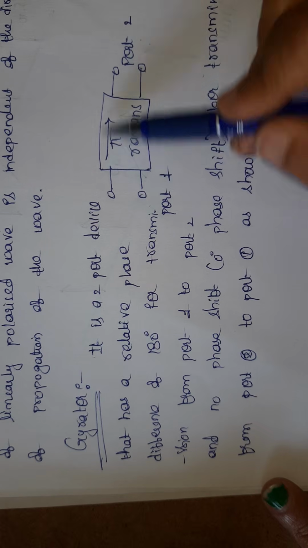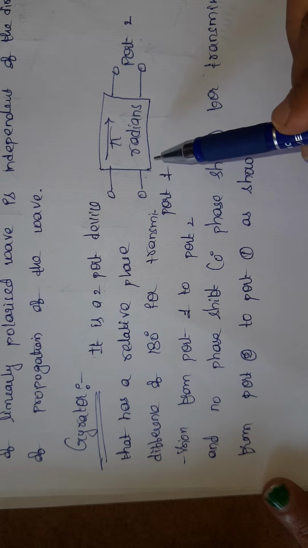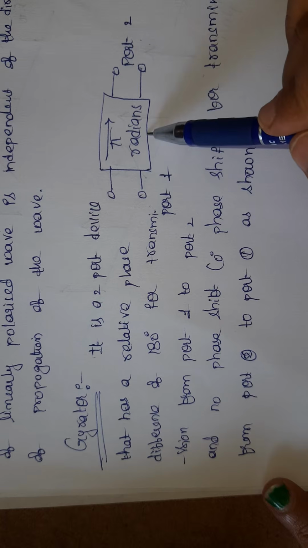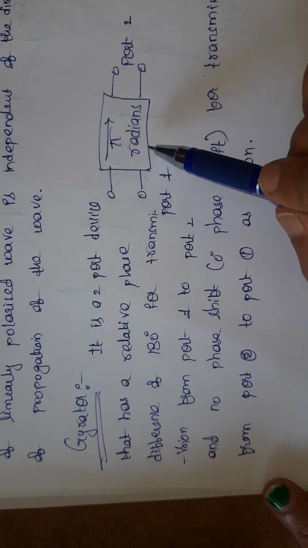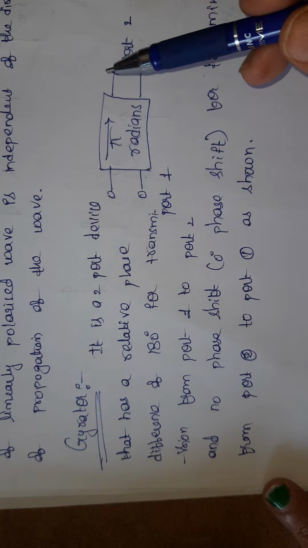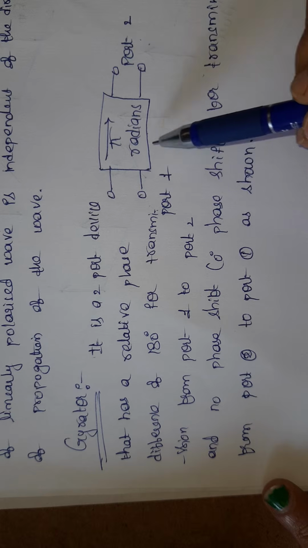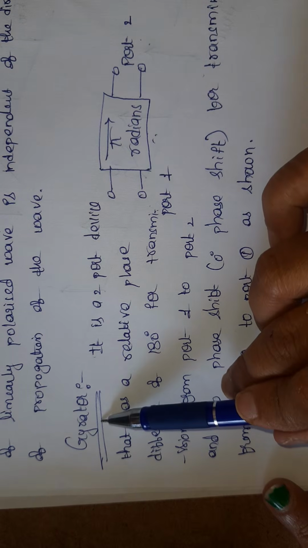Here I am going to use ferrite materials such that the Faraday rotation concept will be there in a gyrator. Faraday rotation means there is a phase change of a wave from port 1 to port 2. So how much phase change? Here it is a 180 degrees phase shift offered by the gyrator.